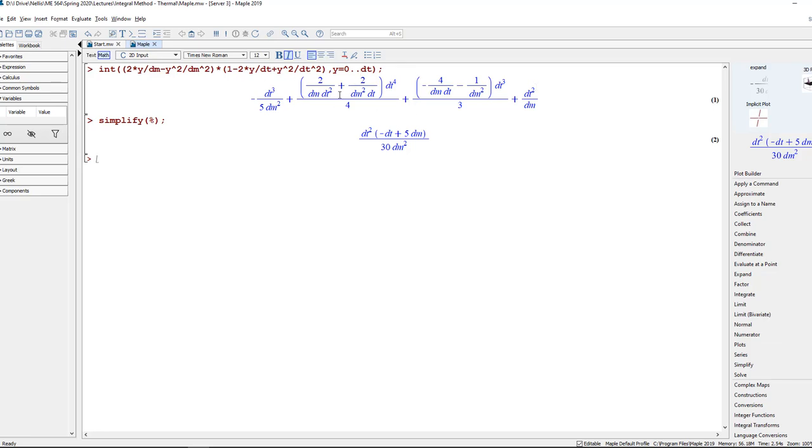And I get this big mess, which I use the simplify command here to make a slightly less big mess. If you look at it, there's two terms here. One term is minus delta t cubed over 30 delta m squared, and the other term is delta t squared over 6 delta m, right?